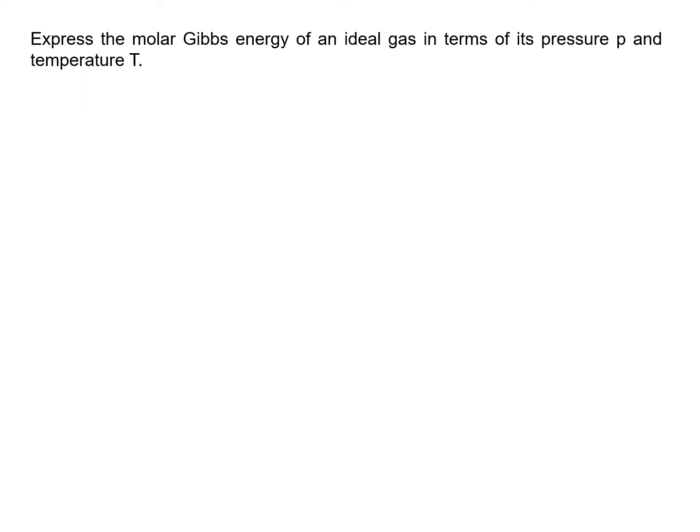Express the molar Gibbs energy of an ideal gas in terms of pressure and temperature. So for ideal gas, we derived the equation to calculate the Gibbs energy change due to the pressure change, which is nRT ln P2 over P1.